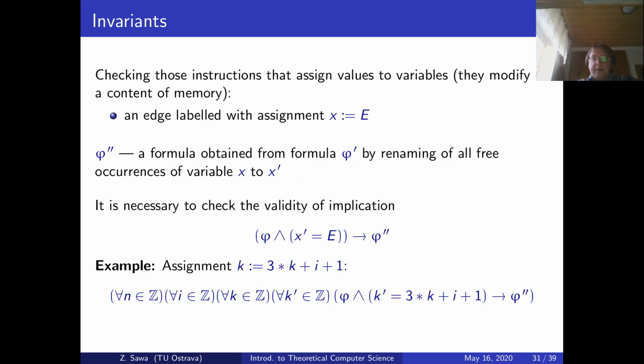I will not do it. I just want to illustrate the basic idea, but we will not do all the details. You can try it yourself to check these conditions.